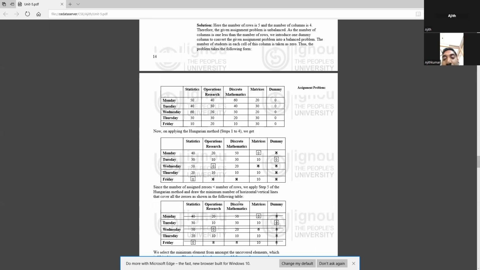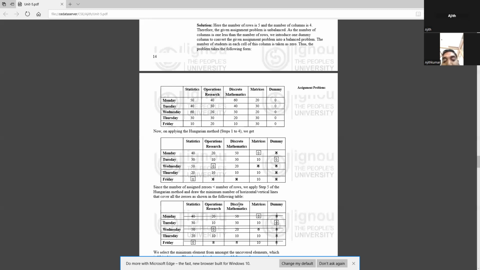Now we assign. First row we have only 1 zero, and second row also having only 1 zero, mark them. And third row we have only 1 zero, so select them. Fourth row, we have no zero there. Fifth also only 1 zero, mark them. So unselected row, tick mark them.